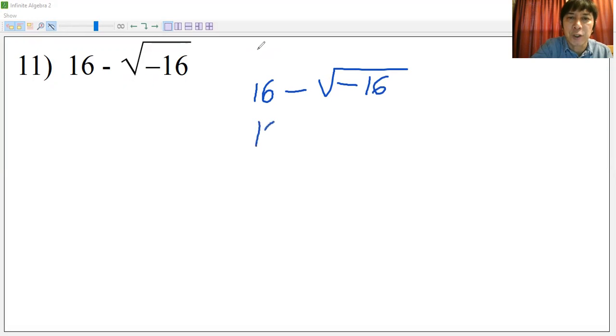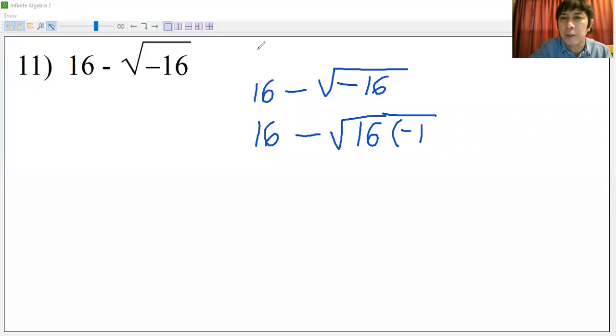We have here 16 minus square root of negative 16. We can split this into two square roots, the square root of 16 multiplied by square root of negative 1. But before that, let us just get the factors first. Inside the square root symbol, you have negative 16, and that means 16 times negative 1.